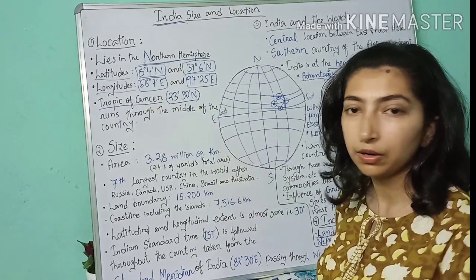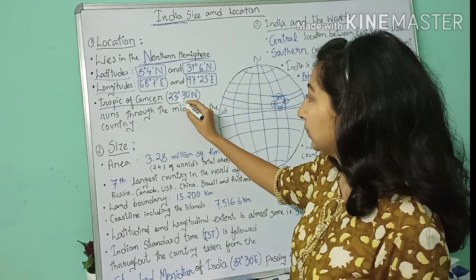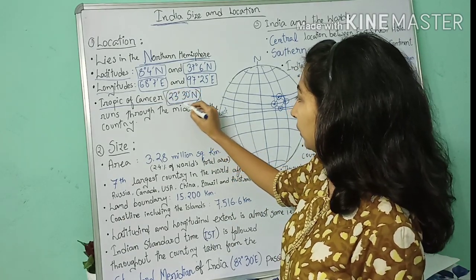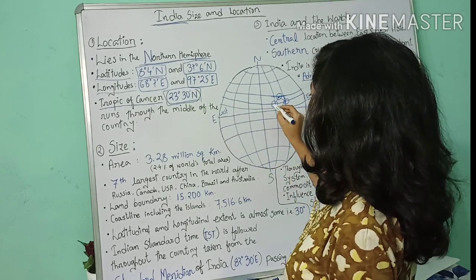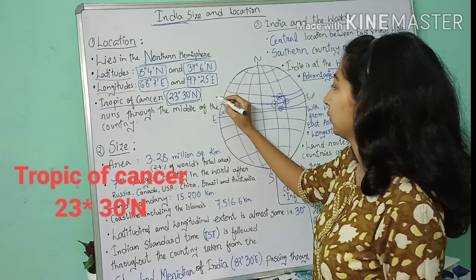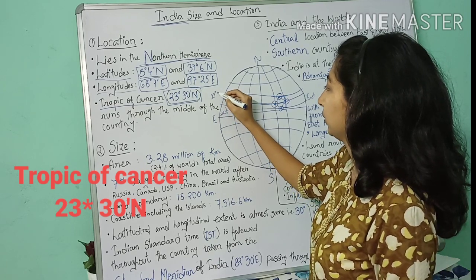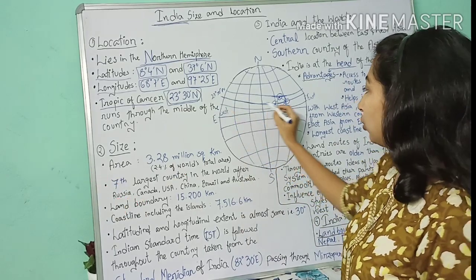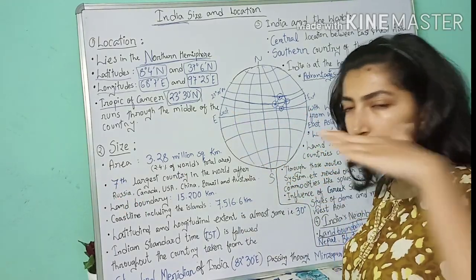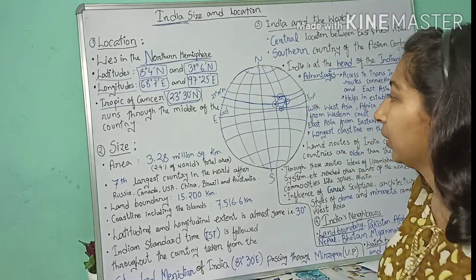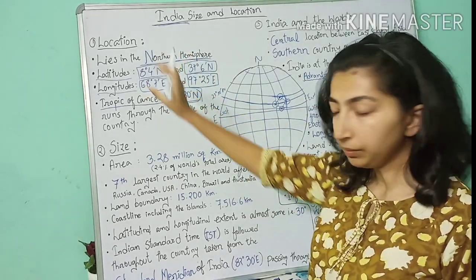Okay, it cuts through the middle of the country. And this is the degree, 23 degree 30 north. So this is the degree of the Tropic of Cancer, which cuts India into two halves, as in northern and southern parts. So this is about the location.